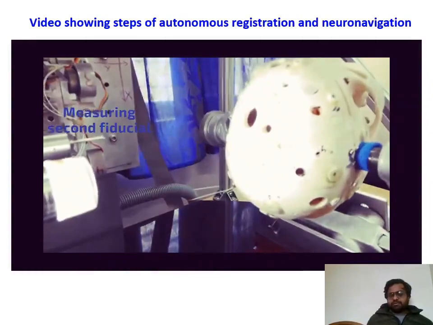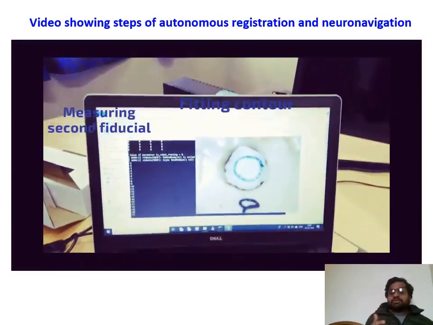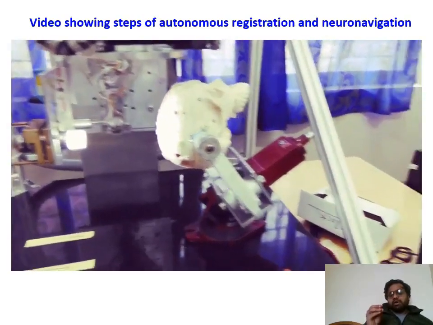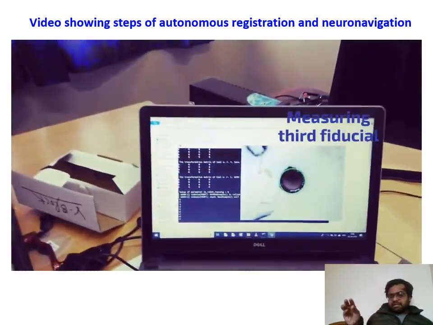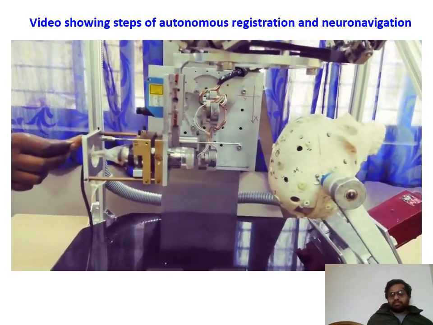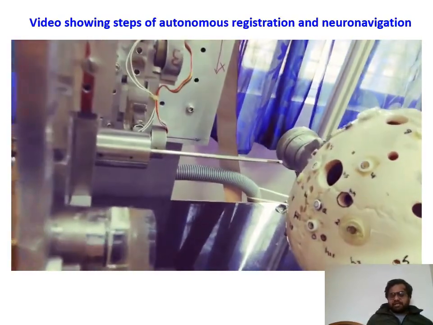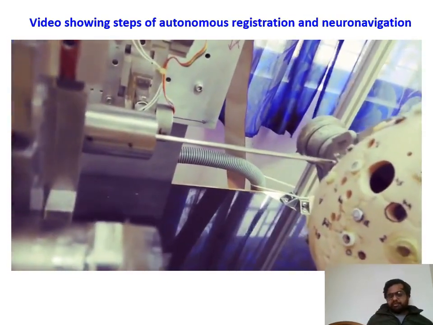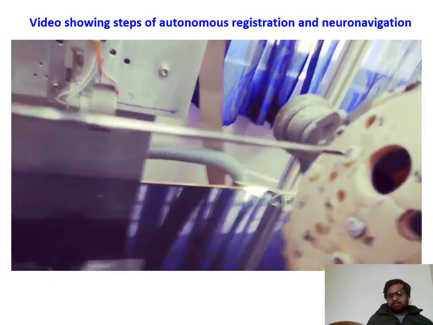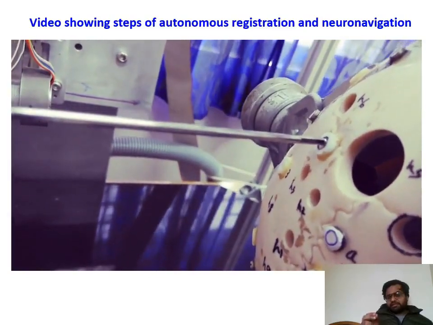Since it takes the information from the medical images, it already knows the correspondence. So it autonomously locates the markers in real patient space, fits the contour, and measures those markers. Finally, after having coordinates in both spaces, we obtain the registration matrix, and now it's time to validate and see how exactly it moves towards the target. As you can see, it has moved.